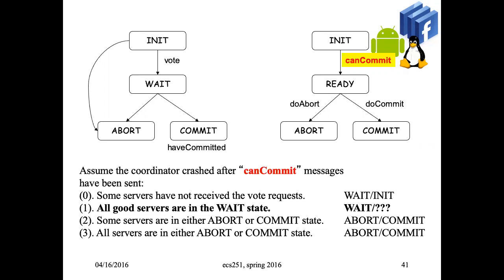If some servers are in abort or commit state, it's impossible to have some servers in commit and some servers in abort simultaneously. If the protocol runs correctly, they should all be in unison. So in this case, if it's abort, then it's abort. If it's commit, it's commit. And the fourth case is the same thing, right? If all of them are in commit state, you go for commit, and if abort, of course, you go for abort.